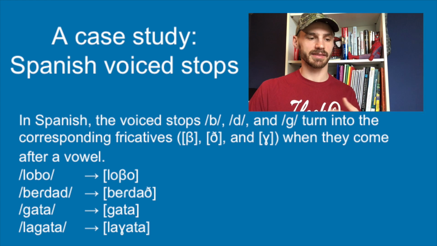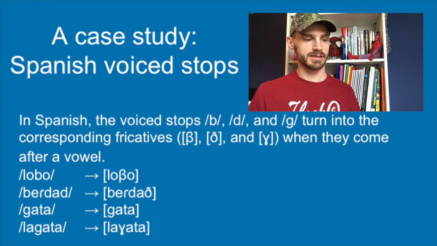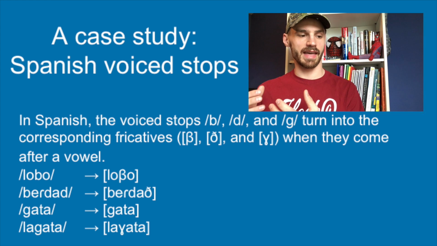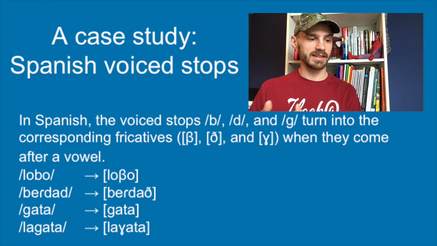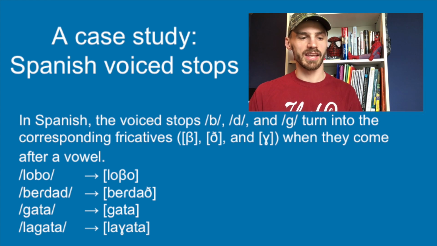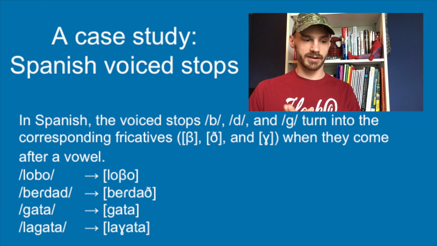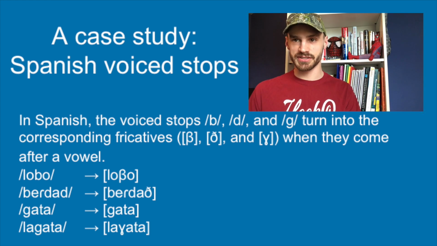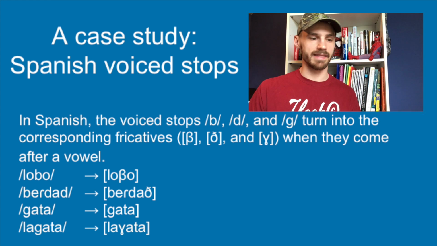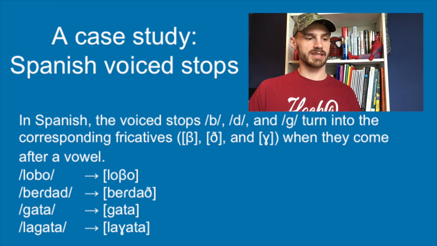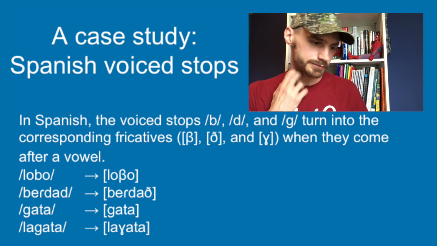It's pronounced with the last D sound, that last voiced alveolar stop, preceded by a vowel. The other D sound is not preceded by a vowel, and the B at the beginning is not preceded by a vowel. So the only one that changes is the one at the very end.